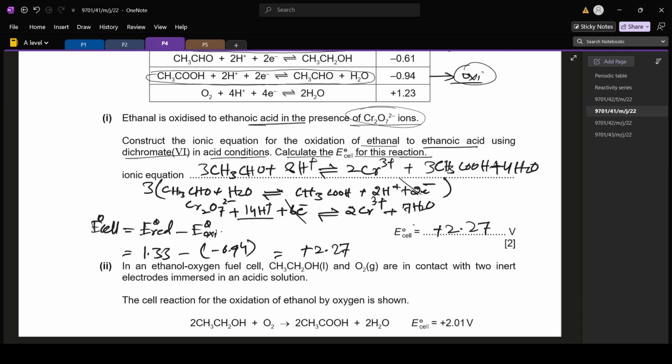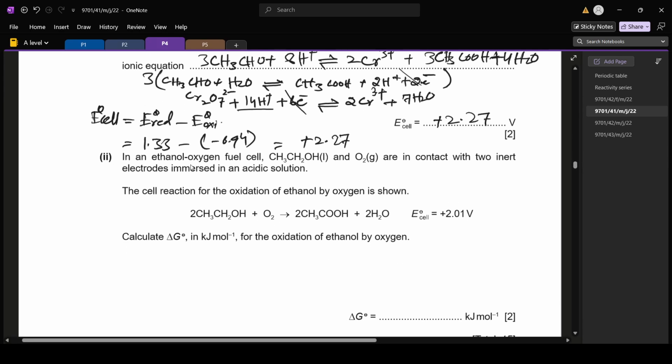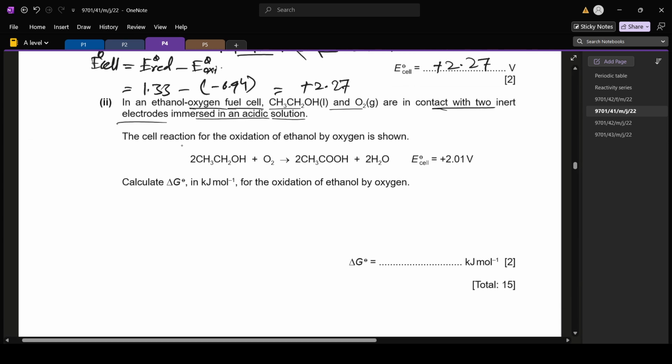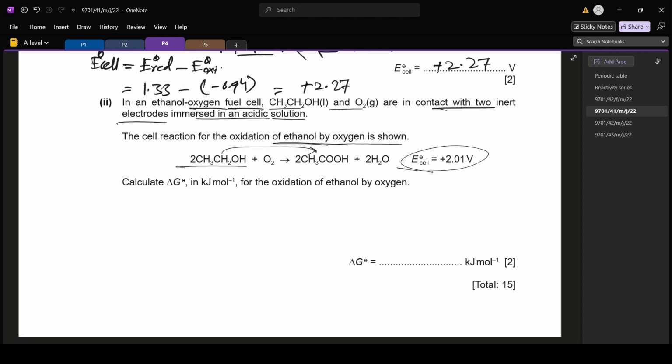Moving towards the next part: in an ethanol oxygen fuel cell, ethanol and oxygen are in contact with two inert electrodes immersed in an acidic solution. The cell reaction for the oxidation of ethanol by oxygen is shown. Ethanol is oxidized to ethanoic acid. The E cell for this reaction is shown.